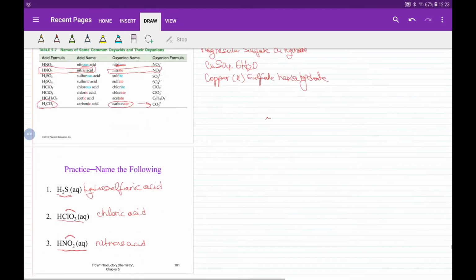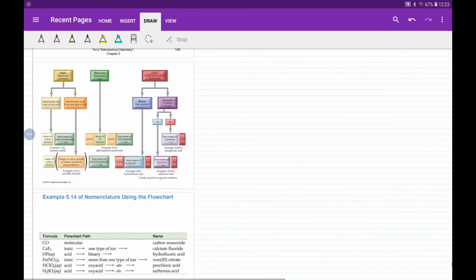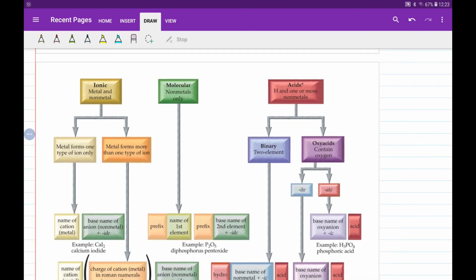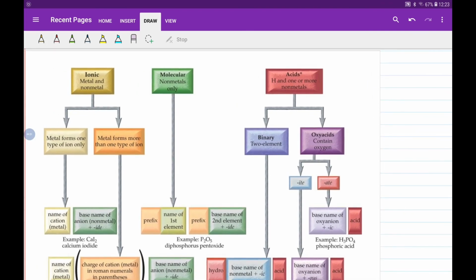So let's now conclude the lecture by summarizing everything we have looked at. In order to name chemicals, we must first determine what type of compound we're looking at. If it's ionic, molecular, or an acid, we follow different rules.